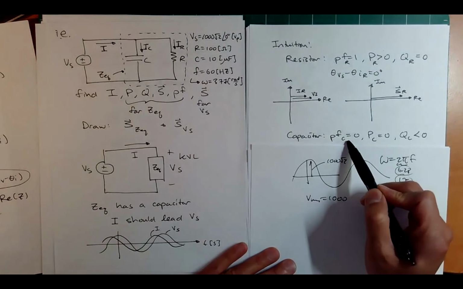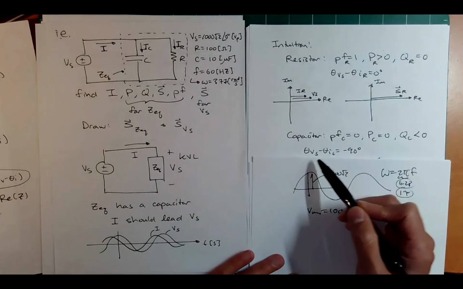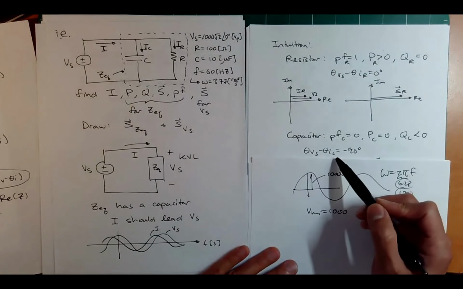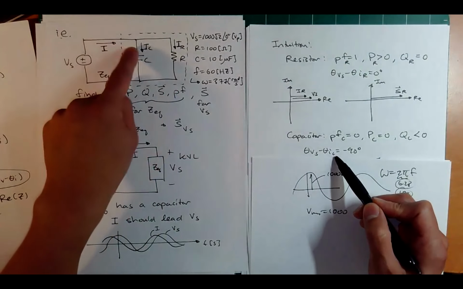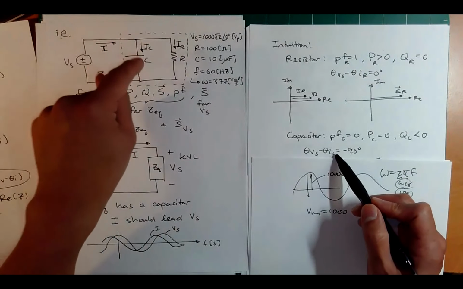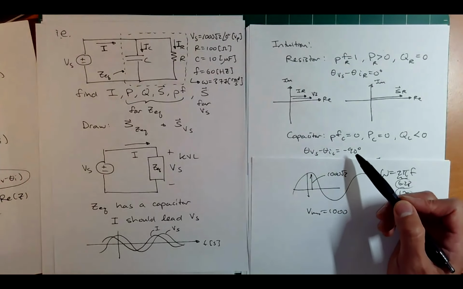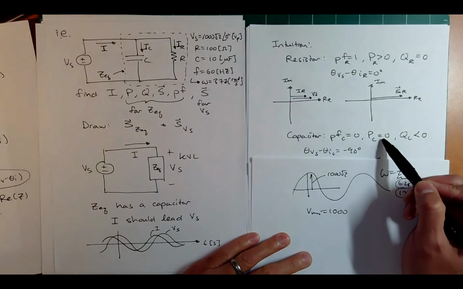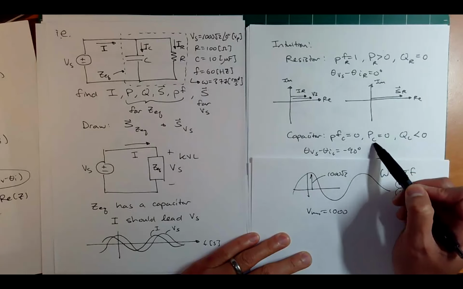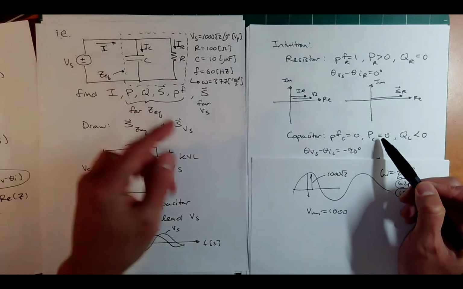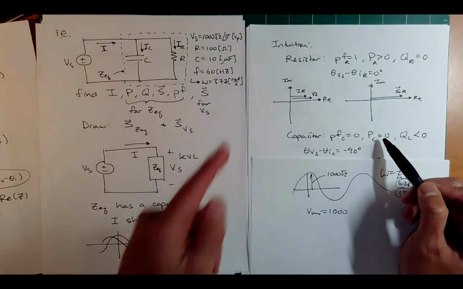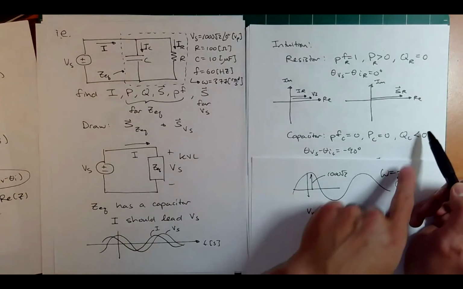Well, for the capacitor, we know the power factor is 0. Why? Because theta V minus theta I, C, not IR, not I, but IC, is negative 90 degrees, right? And that's coming from the 1 over omega C and the negative j. The real power is 0. Remember, the average of the instantaneous power for a pure capacitor is 0. It oscillates about 0.